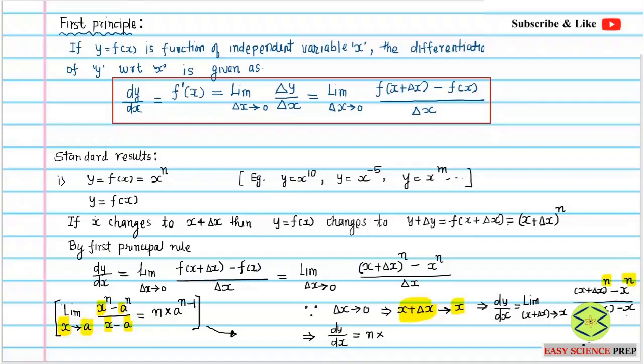Here it was a, but now instead of a we have x. So you will get n into x raised to n minus 1. So you get a result: if f of x is x raised to n, its derivative is n x raised to n minus 1. That's the first result. Similarly, you can derive a number of results, and we can make a concise table which includes all standard results.